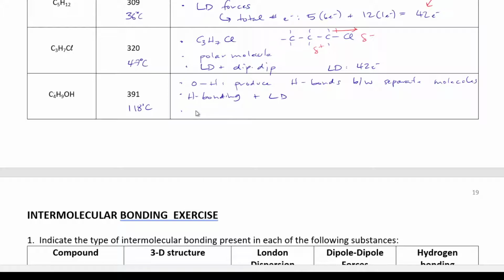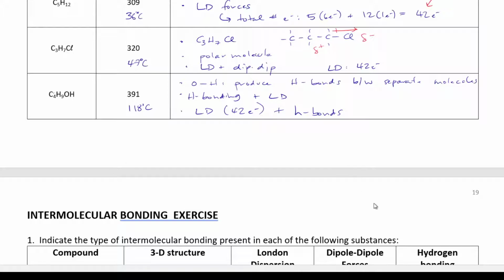If you count up the strength of the London dispersion force, it's 42 electrons. So this has the same strength of London dispersion as the other two substances, but it also has hydrogen bonds, which is another, stronger force between the molecules, and that produces a much higher boiling point because it takes more energy to separate these molecules from each other.